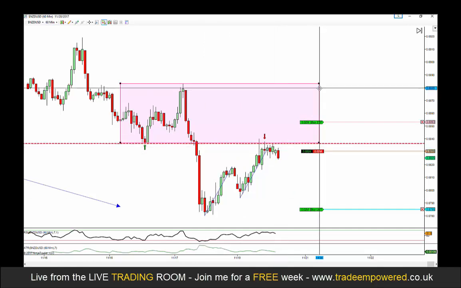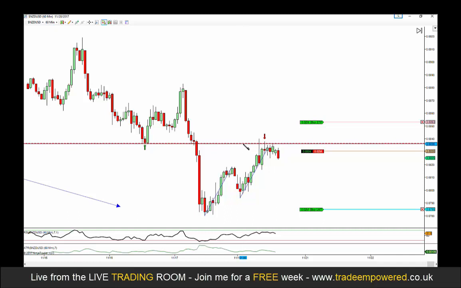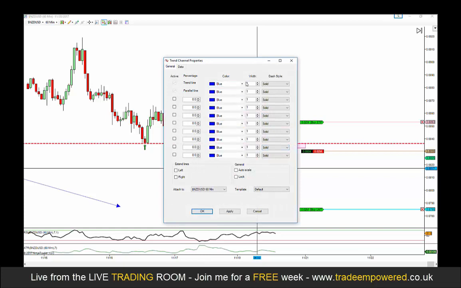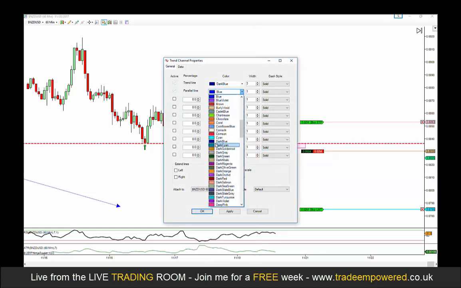So I started looking at this level here as we started to push up, and we had an equal measured move lining up at previous structure. So let's just colour this in a different colour so you can see that.